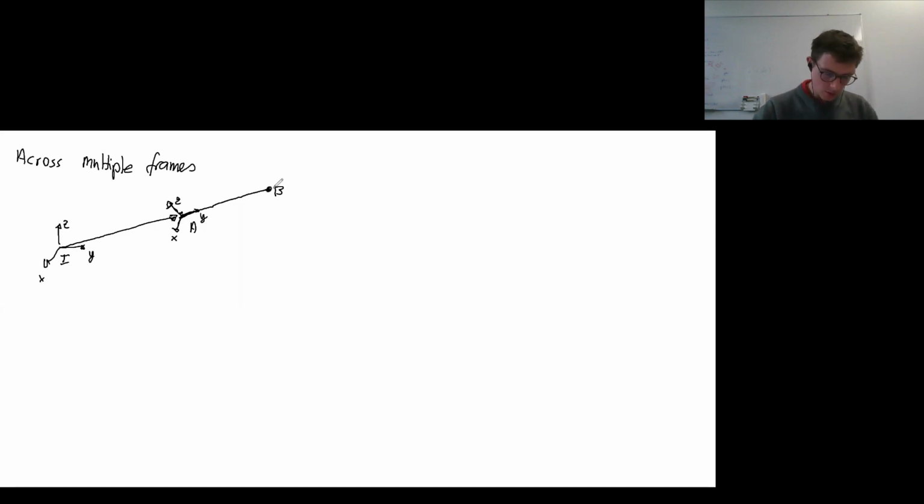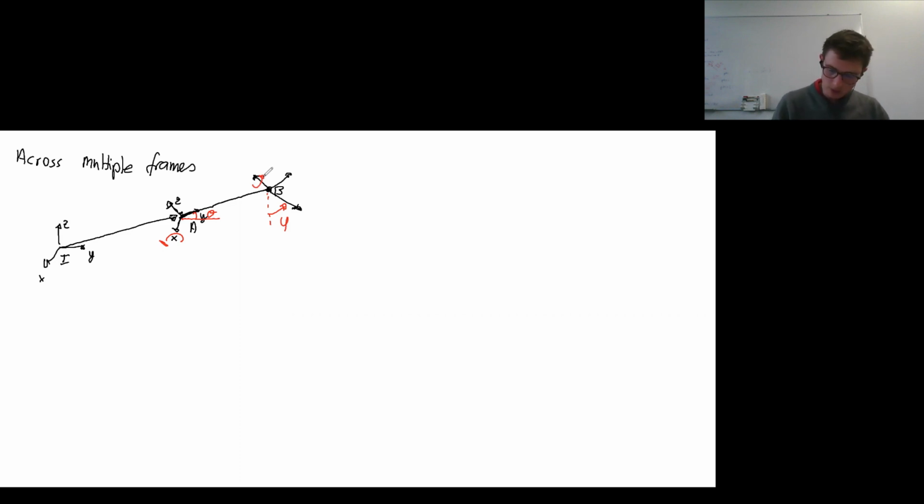Which, once again, might have a different orientation because the end effector might be able to rotate with respect to the previous frame. So drawing in the transforms here, we have theta, which rotates around the x-axis, and a phi, which rotates around the z-axis.